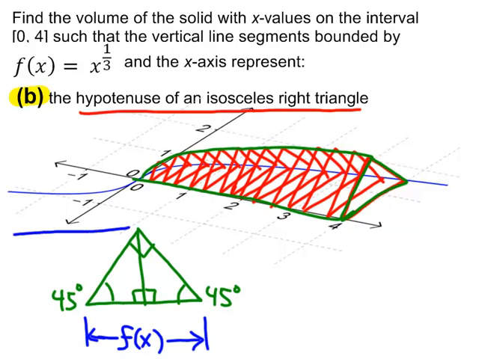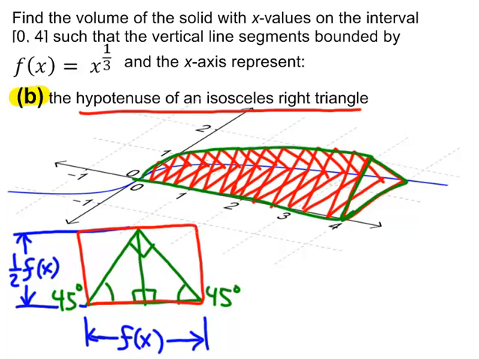Now the one we're really concerned with is that middle one, so I'll go ahead and label that 1/2 f of x to represent this height. And notice that if I draw this rectangle in here, that is the same rectangle we were dealing with back in part A. And so the triangle that we're dealing with now is clearly half the area of that rectangle from part A.